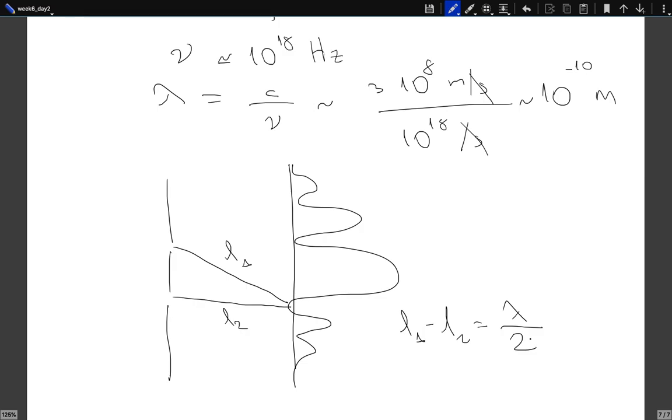So if you do this experiment and measure this length, you see the first peak, the first dip, and then you measure the distance of that dip from your slits.